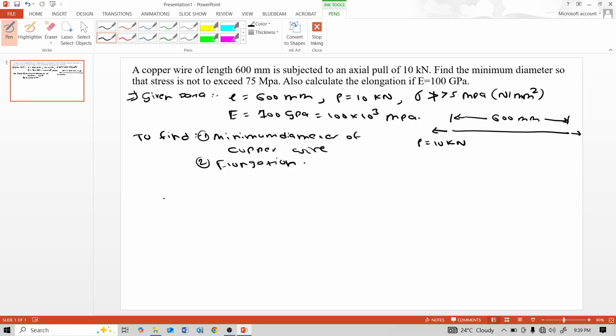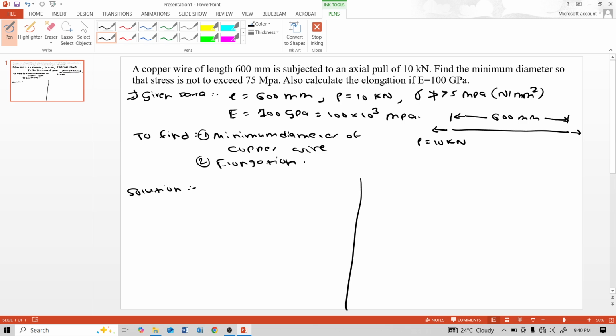So the solution to this problem: first, the minimum diameter of the copper wire. By using the formula, stress is equal to load upon area.